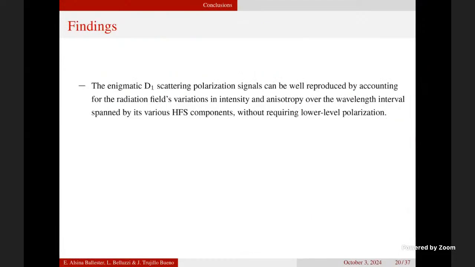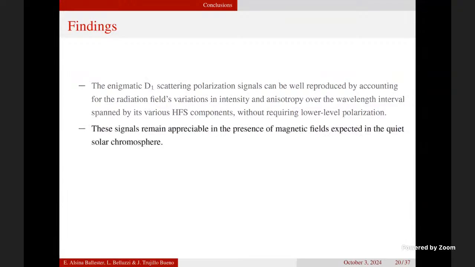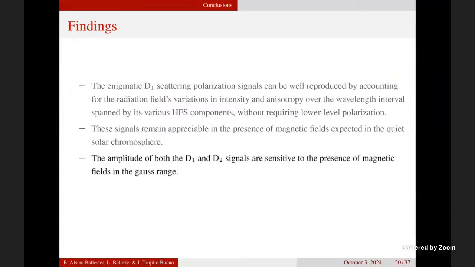So to summarize the findings of this part, the D1 scattering polarization signal can be well reproduced by accounting for the key mechanism, namely the variation of the intensity and anisotropy of the radiation field over the wavelength interval spanned by the various hyperfine structure components of the D line. Also, these signals survive in the presence of a magnetic field of strength expected in the quiet solar chromosphere.